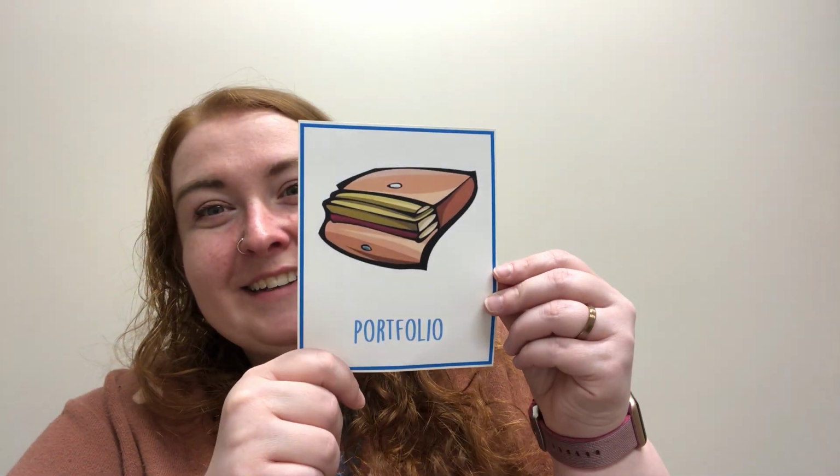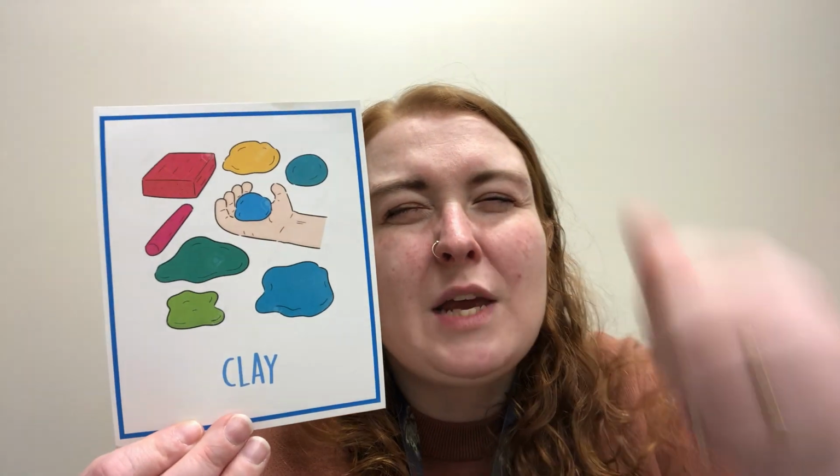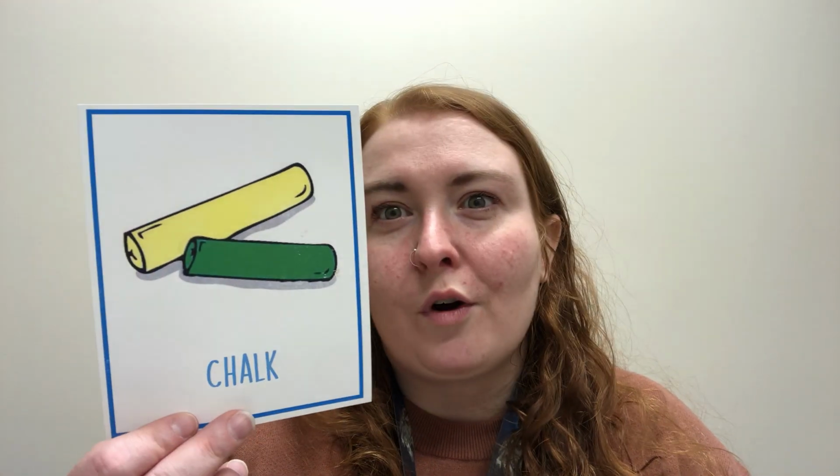Good. Okay, here's that one. Oh, portfolio. A portfolio. It's where we store all of our art in one place, right? Oh, this one, kind of like Play-Doh. But we have to really work it in our hands to get it to go. It's clay.